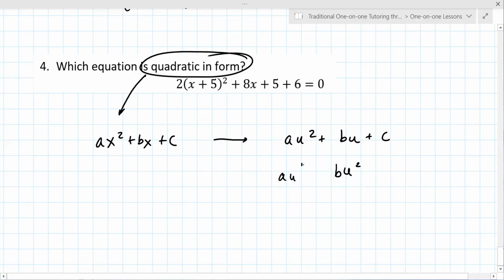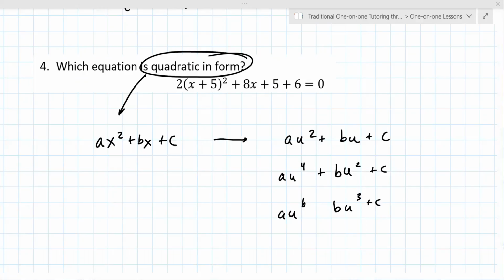That would make this au to the 4th. And let's say you cube it, it becomes au to the 6th. So I'm kind of hinting that you might want to look for this patterning, a 6 and a 3, for example. And I'm seeing that in the third one there.